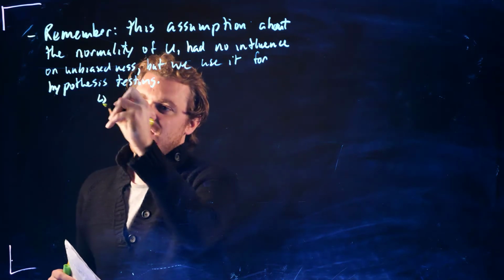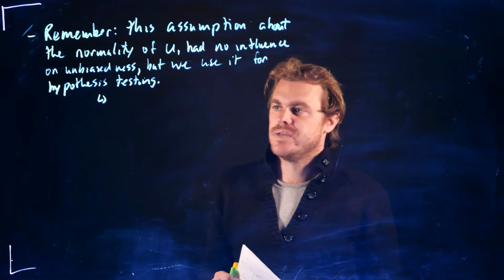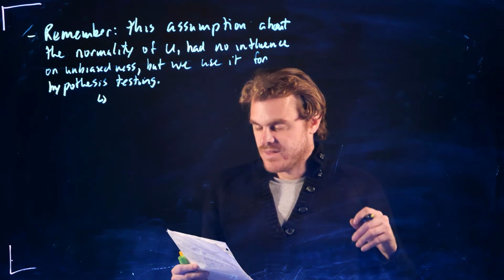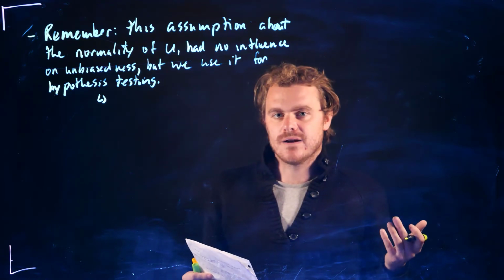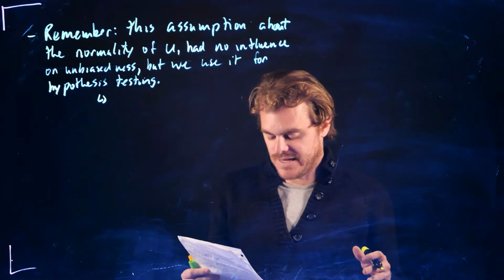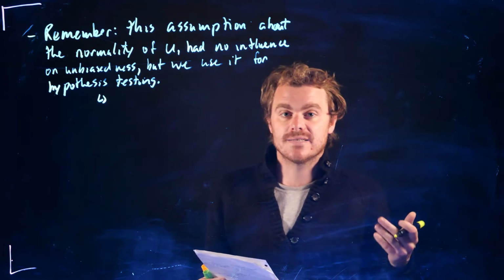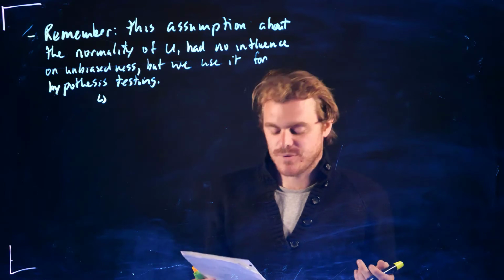So if the y's aren't normally distributed, then we need to use the central limit theorem as n goes to infinity to know how our OLS estimators are asymptotically distributed.